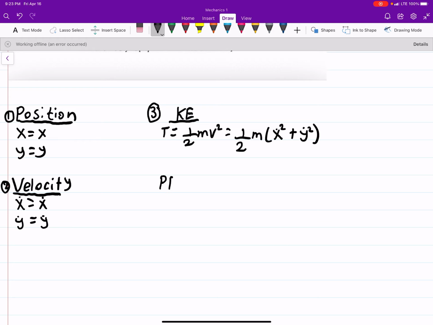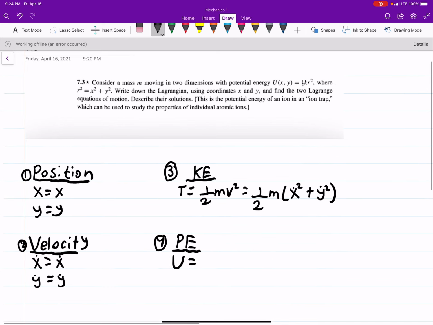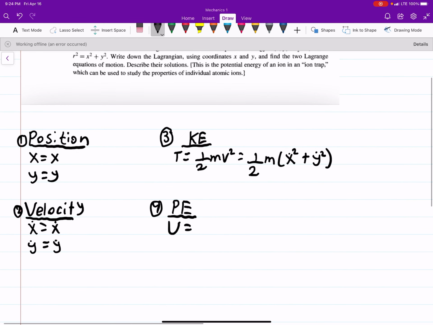And then we need the potential energy. Now the potential energy, they said, was U is equal to 1/2 kr squared, which is just 1/2 k (x squared plus y squared), since they tell us what r squared is equal to.